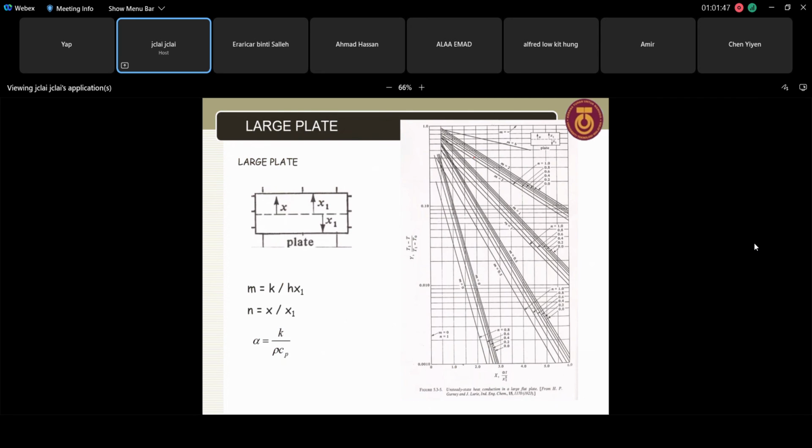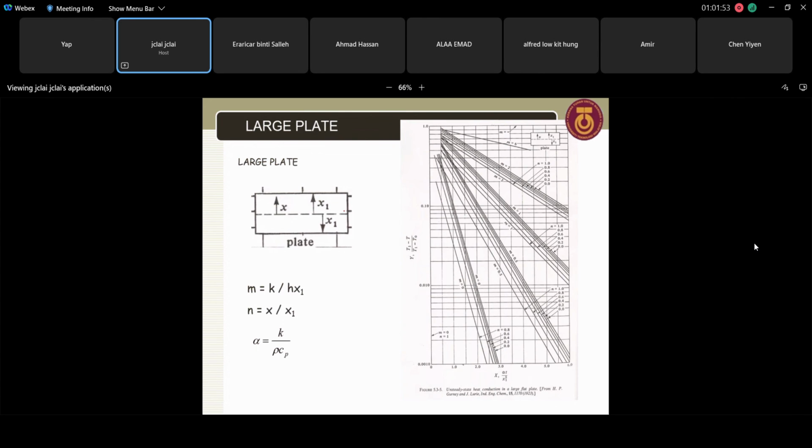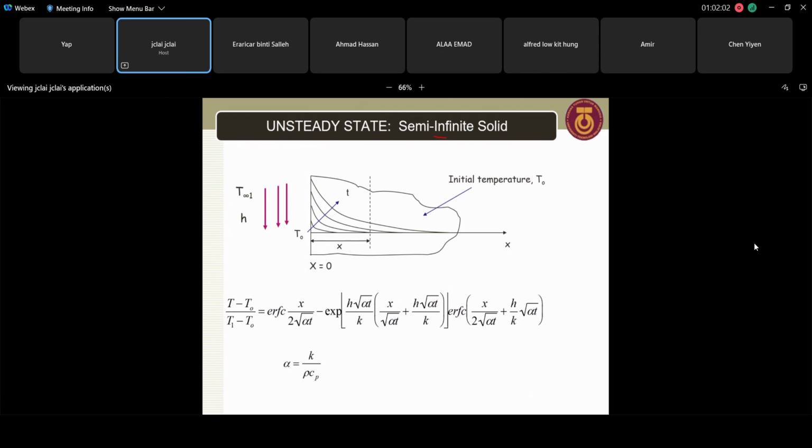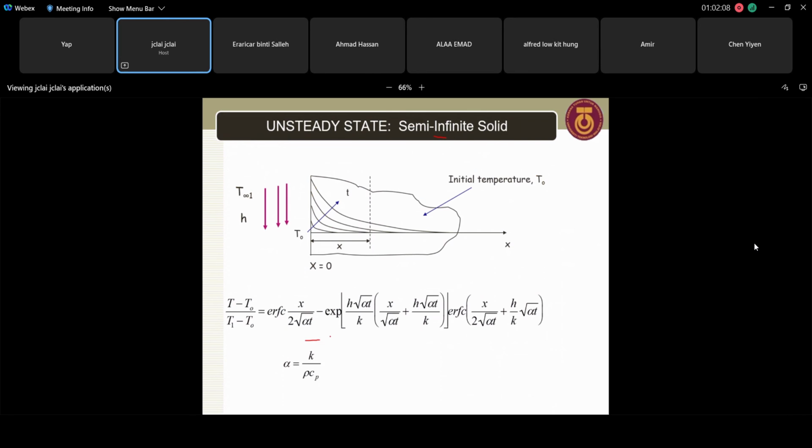Okay, so the same goes for the large plate. Large plate is this. Okay, let me come back first. What is a semi-infinite solid? This graph is actually derived from this equation. This one is equal to the error function.